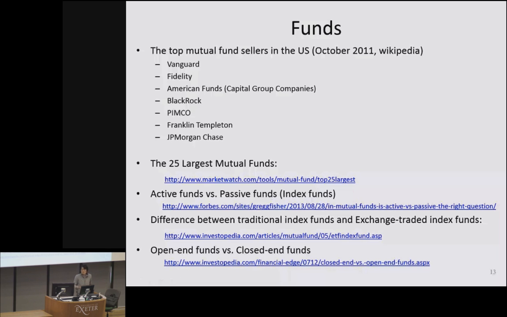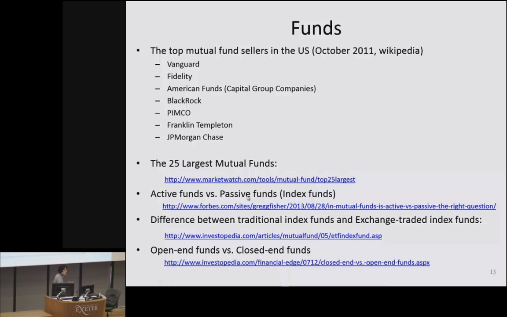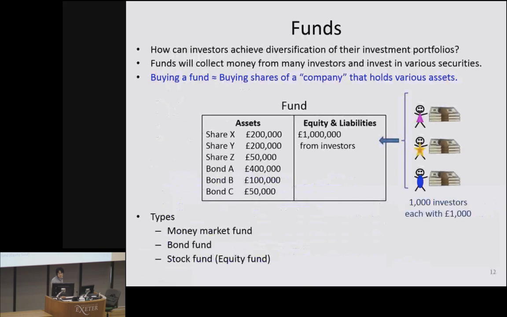It is very hard for fund managers to continually beat a simple index like FTSE 100 or S&P 500 for a long period. That's partly why, if you ask professors in finance or economics what companies you should buy, the answer you often get is, why don't you buy an index fund for S&P 500 or FTSE 100? The distinction between open-end funds and closed-end funds is also important.